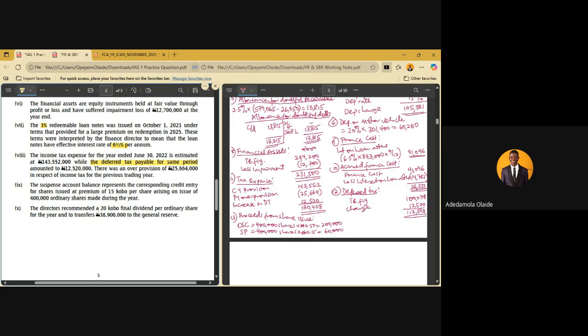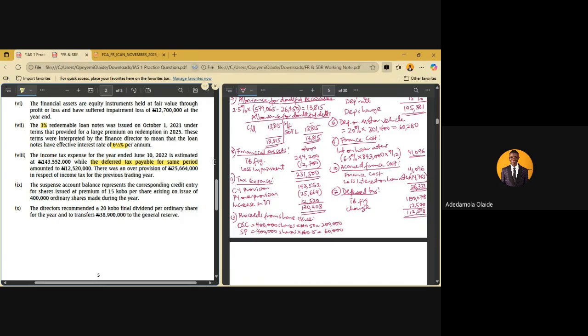If that is what is payable for this period, that means our deferred tax liability is increasing.